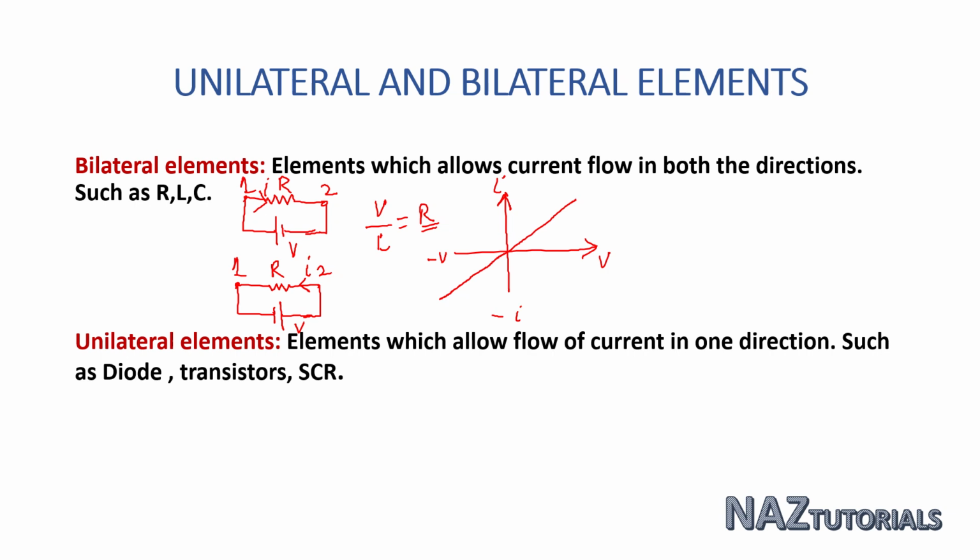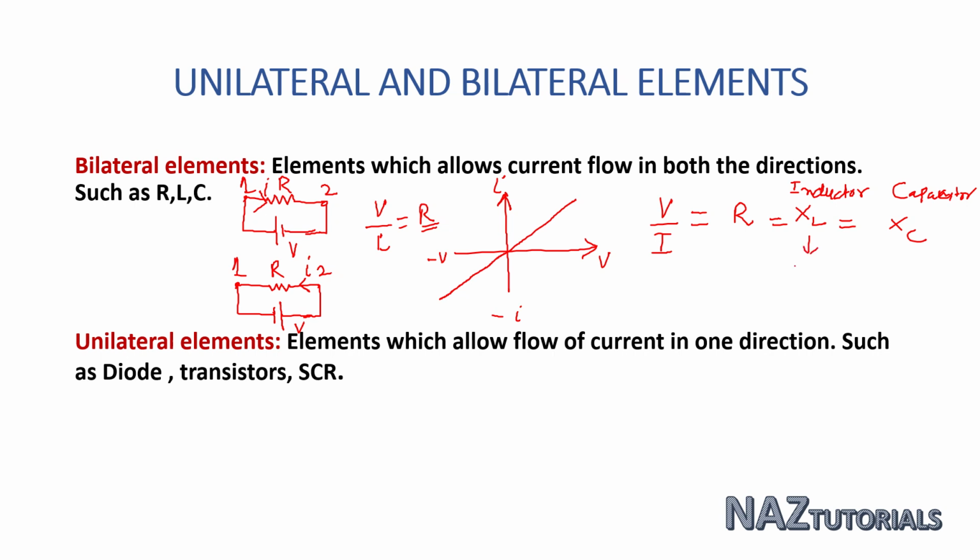The same behavior follows for inductor and capacitor, which also allow current to flow in both directions. In their VI characteristics, V by I is equal to R for a resistor, XL for an inductor and XC for a capacitor.